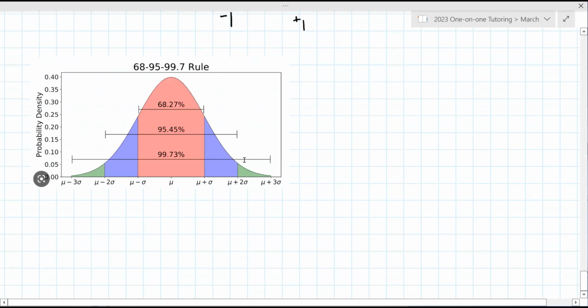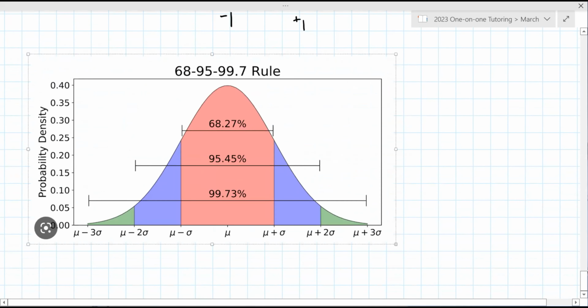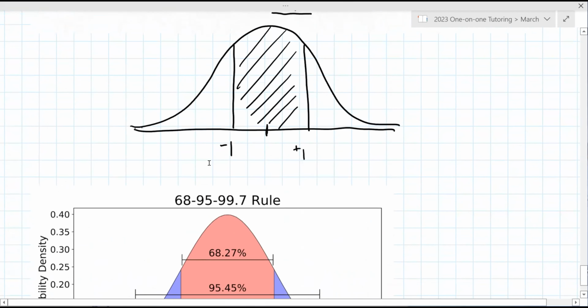Here it is. What color is this middle, would you say? Pink. Okay, so the pink region here is -1 standard deviation to +1 standard deviation. So the answer is 68.27% in your problem.